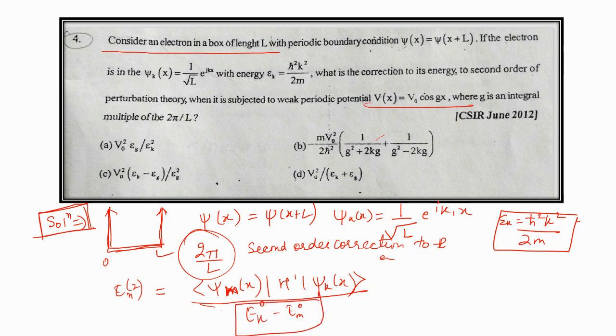This is the without perturbation energy, which is given to us, right? Now, if you solve this, the difference of both, yeah. If you solve this, right? So you need to solve.